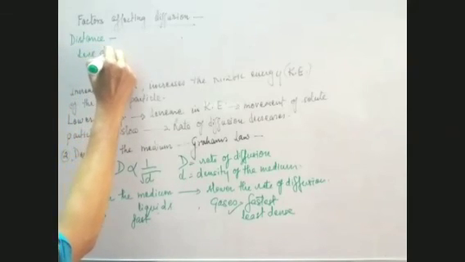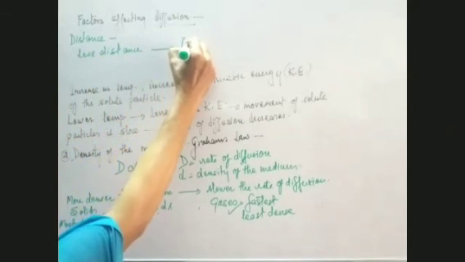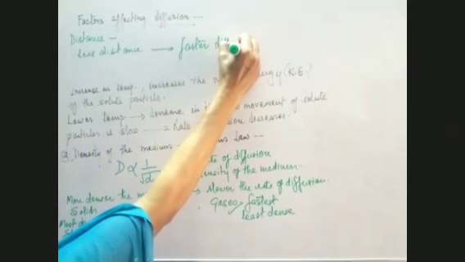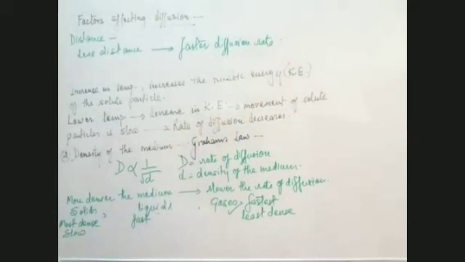If the distance to be traveled is less, the diffusion rate is faster. If the distance to be traveled is more, the diffusion rate is slower. So this is how the distance affects the process of diffusion.